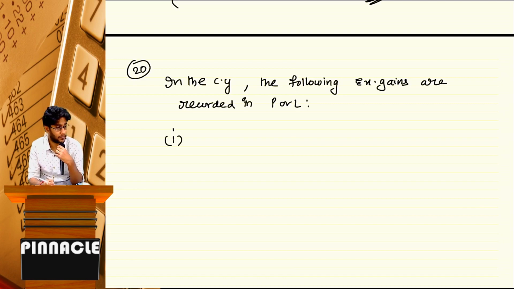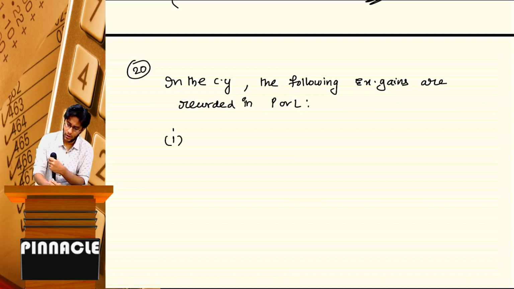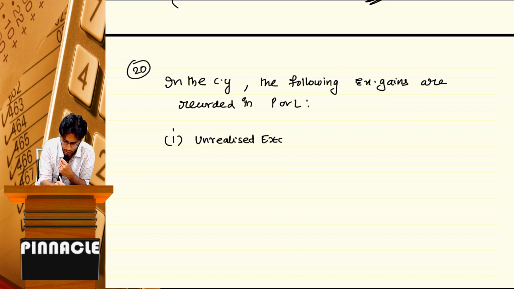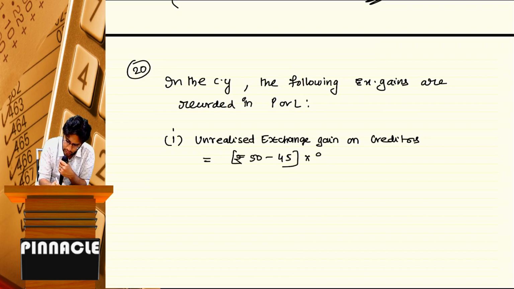In that first one, unrealized exchange gain on creditors is equal to 50 minus 45 into 2 lakh euros, that is rupees 10 lakhs.